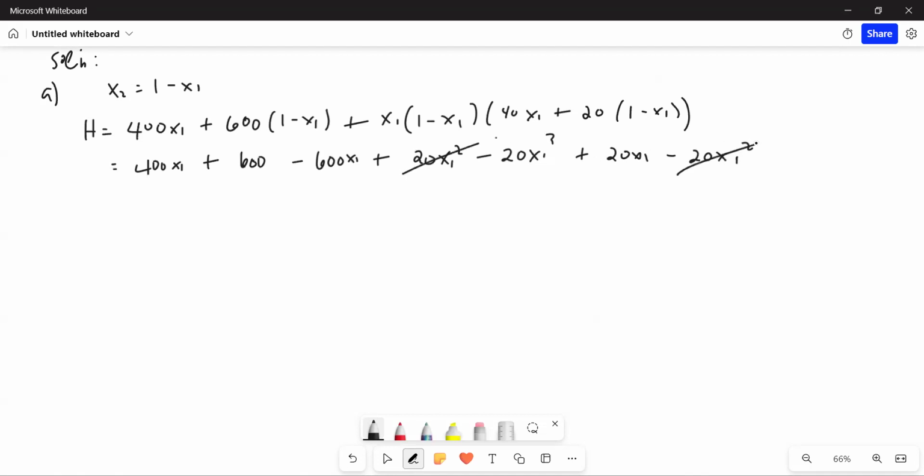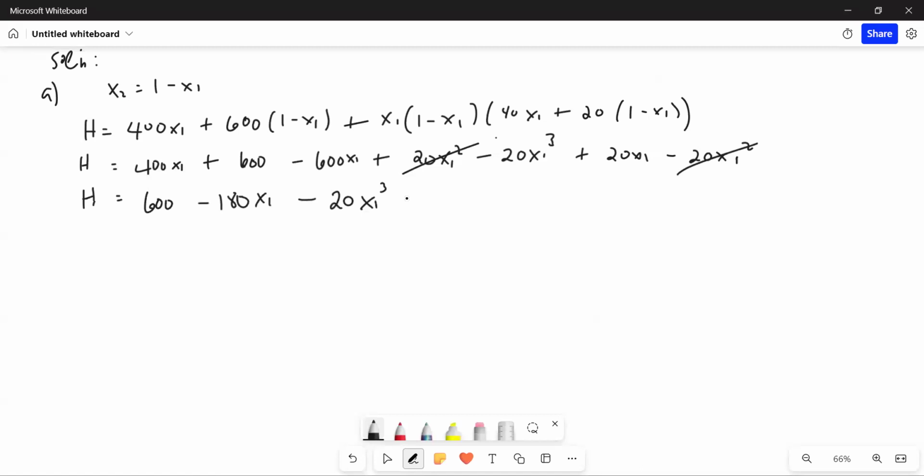This one cancels out, and the equation further simplifies to this one: 600 minus 180 x1 minus 20 x1 cubed. Again, there are some intermediate steps. I'll let you do that. It's just algebra, so you can do it on your own.